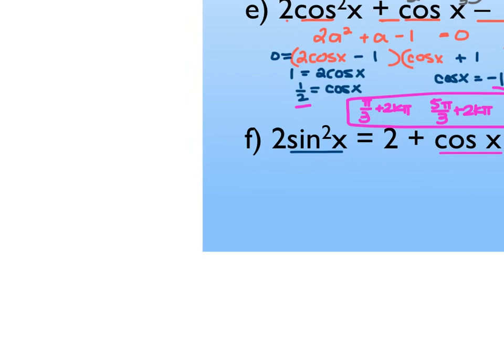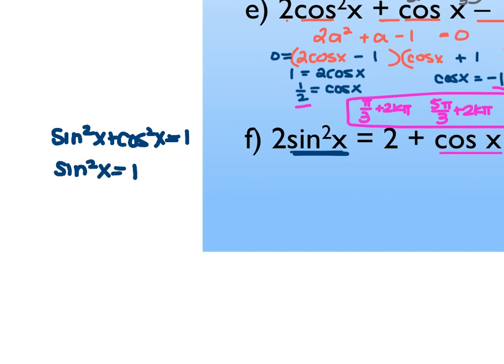So if you remember, our trig identity says sine squared plus cosine squared equals 1. So if I wanted to isolate sine, then I can say that sine squared x equals 1 minus cosine squared x.